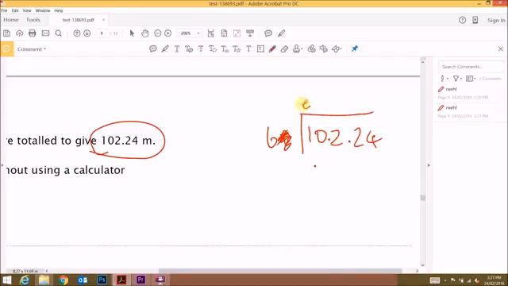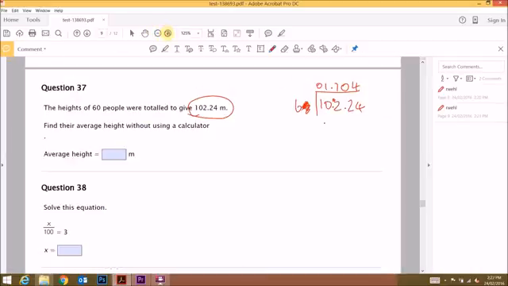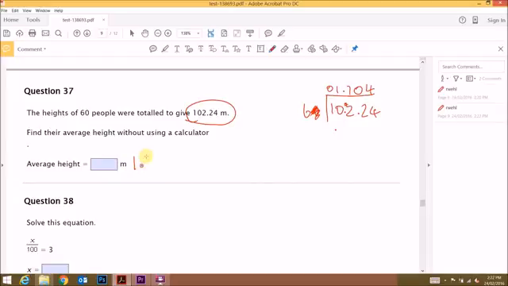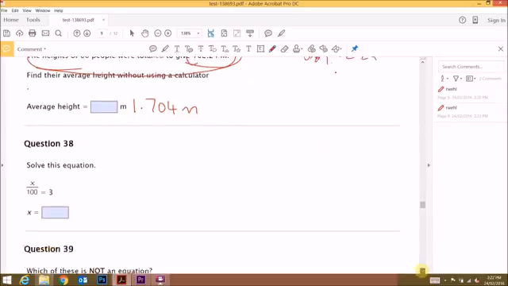So 6 goes into 10 once. There's my decimal place. I have 4 left over. 6 goes into 42 7 times. 6 goes into 2 0 times. And 6 goes into 24 4 times, which gives me my answer. So my average height is 1.704 meters. Remember, when you're looking at average, you add up the total and divide by the number of items that there were. So solve this equation.